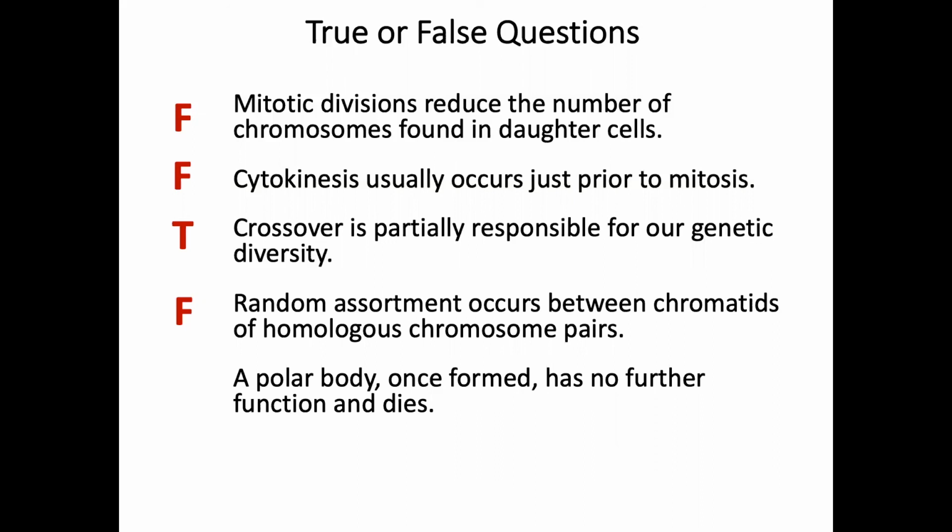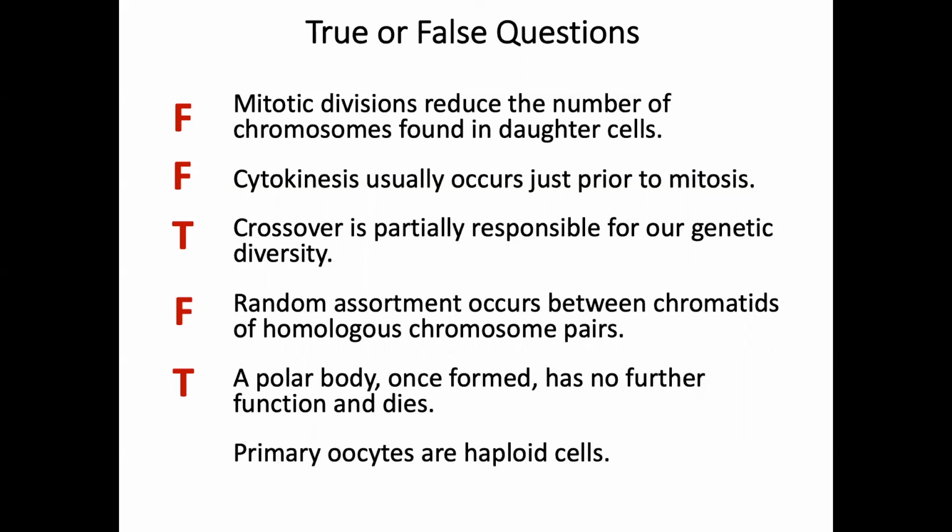So the fifth one, a polar body once formed has no further function and dies. True or false? The answer is true. At least at present, no other function of the polar body has been identified. Maybe in the future there will be a new discovery, but at this moment, the answer is true.